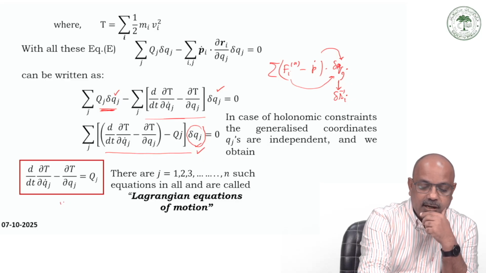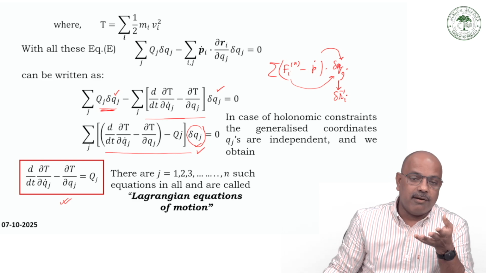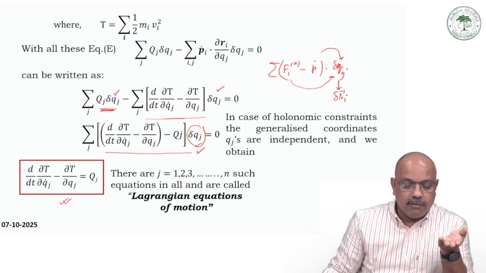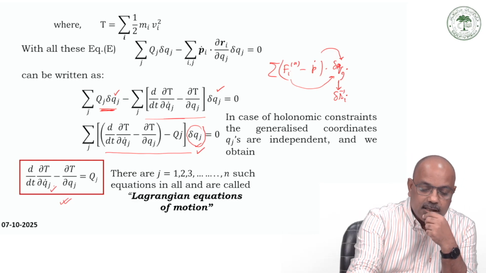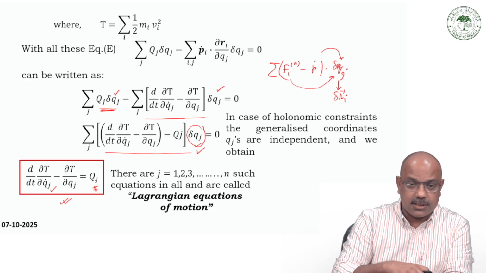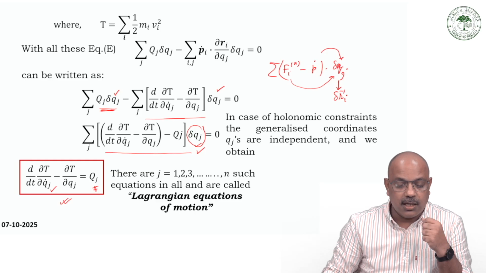That's why we have this particular equation, which is known as the Lagrange equation or Lagrangian equation, which gives me different equations of motion depending upon what my generalized coordinates are. But here we have the generalized forces. So till now we have covered this in the last lecture.